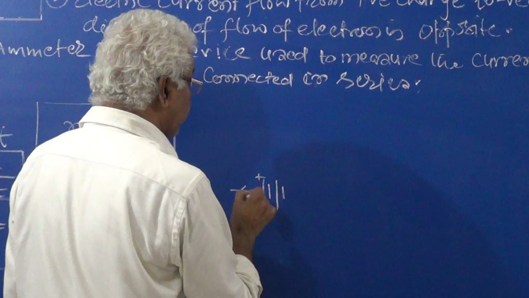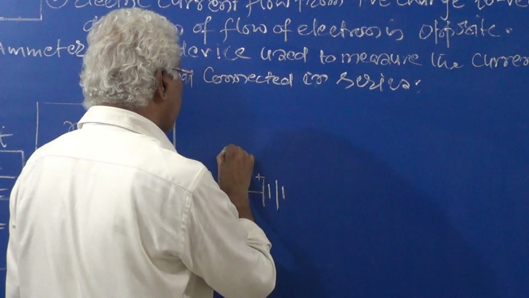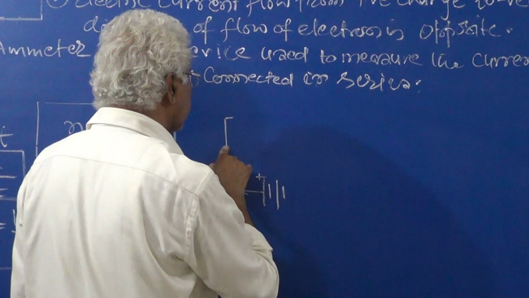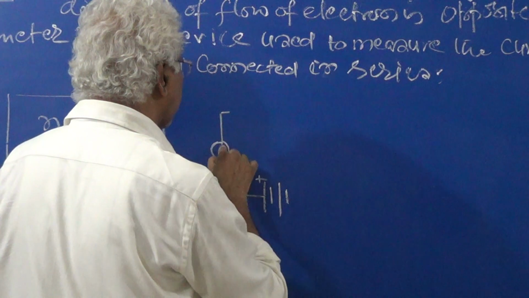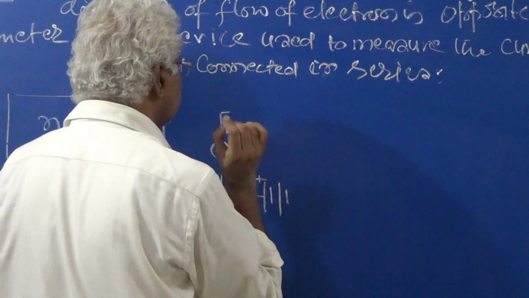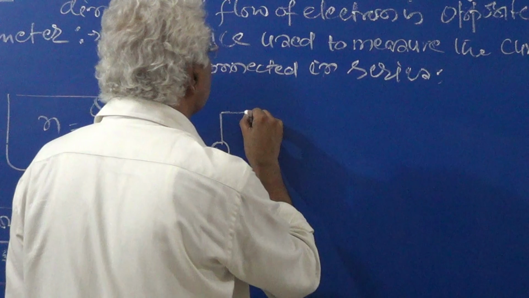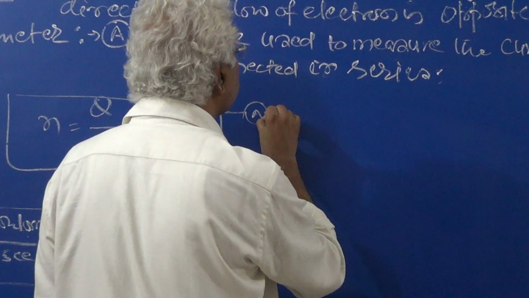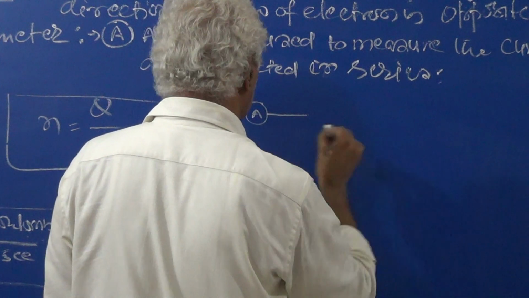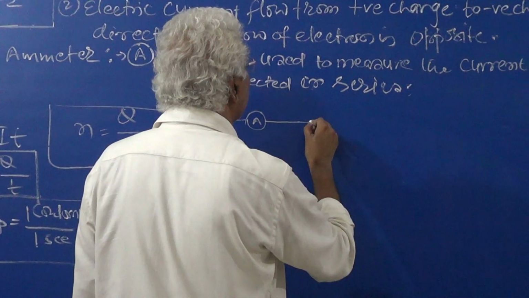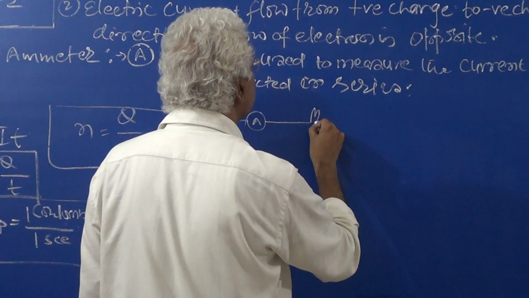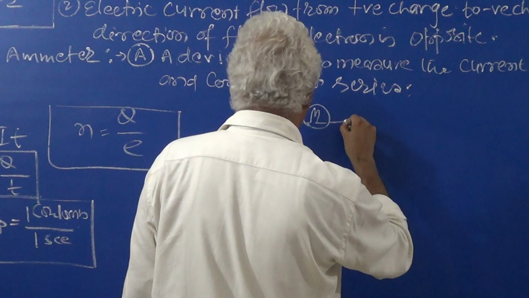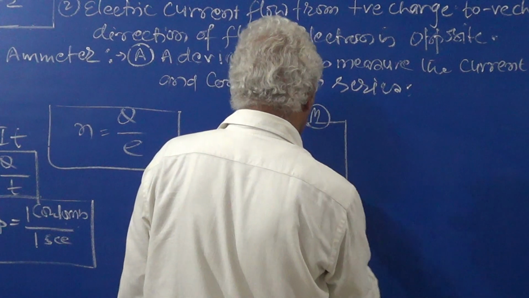So current will flow from positive, go through the key over here, then go to the ammeter, and then the bulb, and it is going like this.